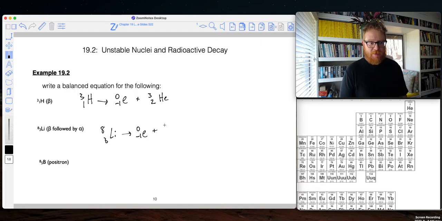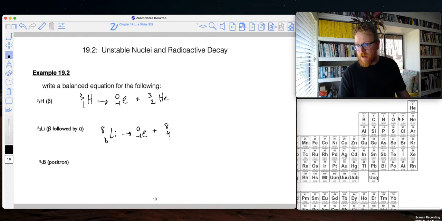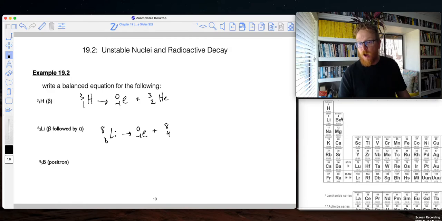Okay, so that's going to be an 8 in the mass number, and it's going to have to be a 4 in the atomic number. 4 minus 1 gives me 3, 8 plus 0 gives me 8, right? And so now I look to see which element I made, so that's element number 4, which is a beryllium. Okay, so now that's a beryllium.